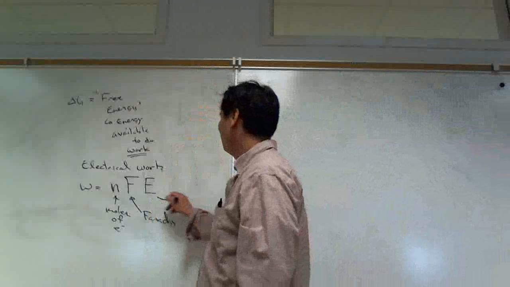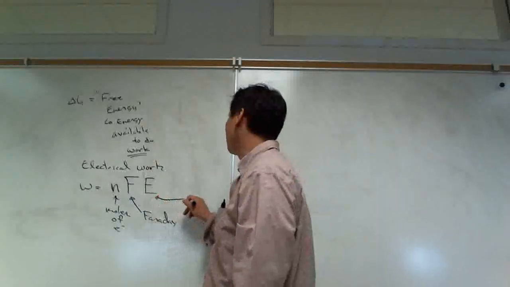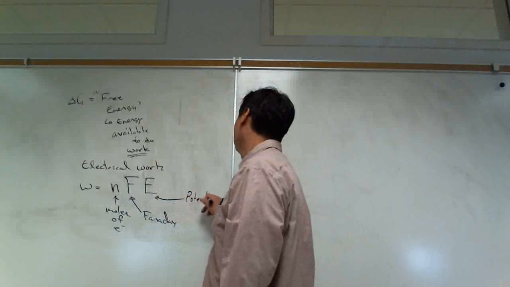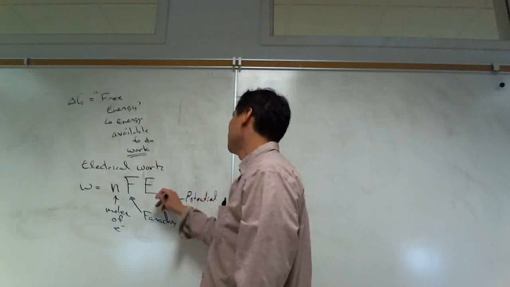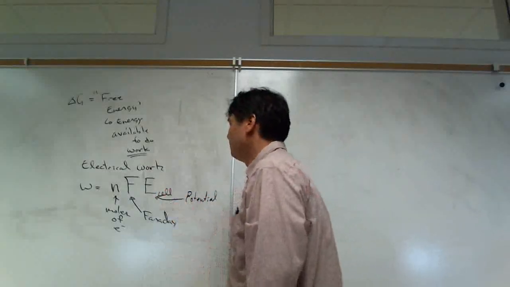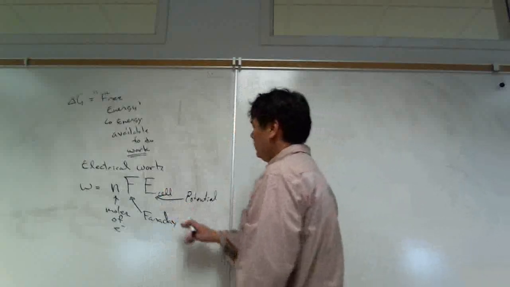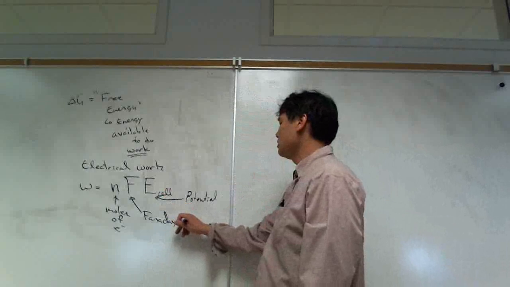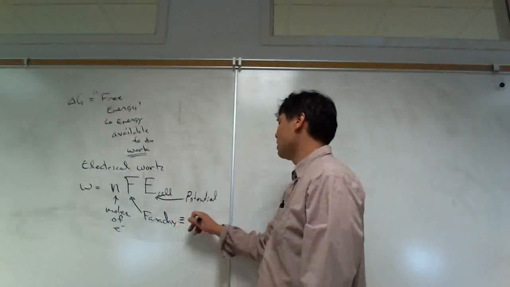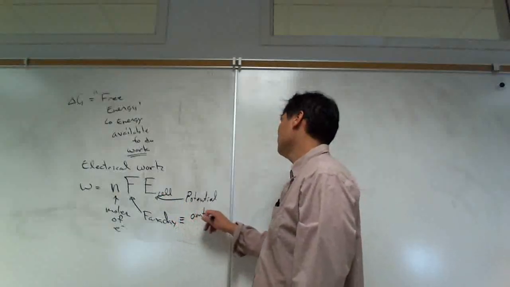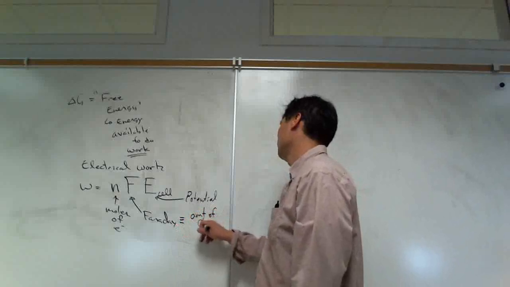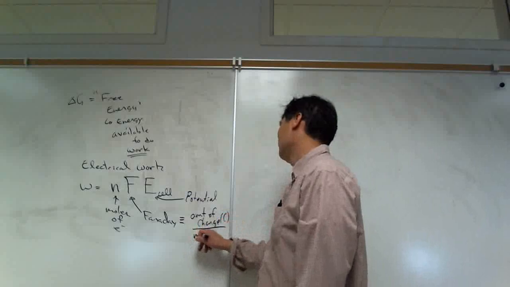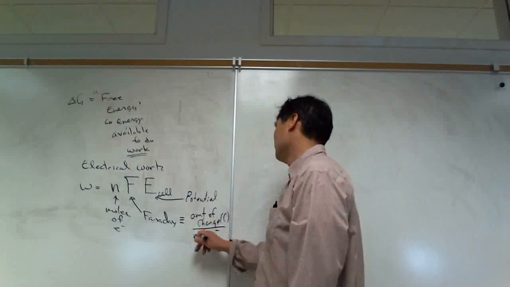E is just your cell potential, or potential. I better write E as cell. The Faraday is just the amount of charge, in coulombs, per mole of electrons.